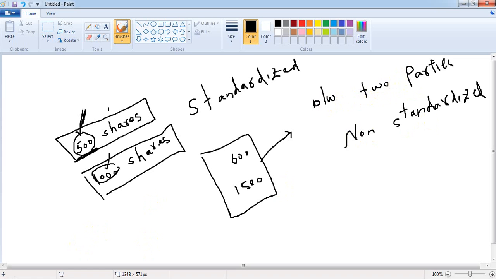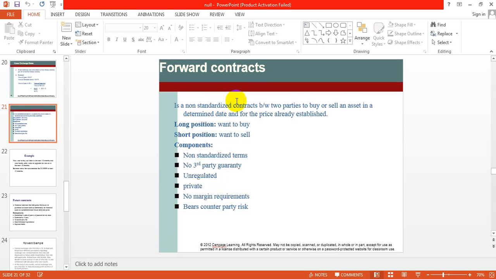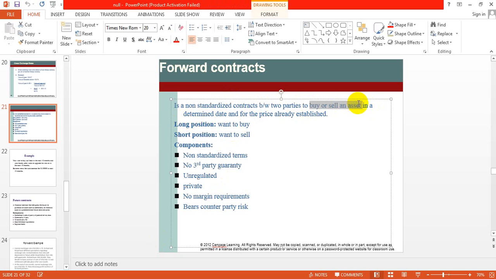So forward contracts are basically non-standardized contracts between two parties to buy or sell an asset on a determined date. This contract is for buying or selling an asset on a determined date. The date will be specified and for a price already established.